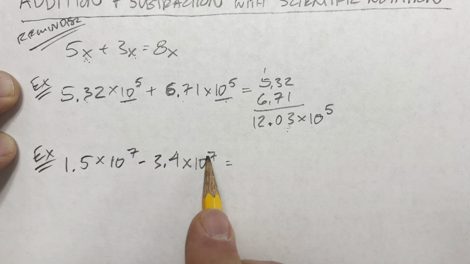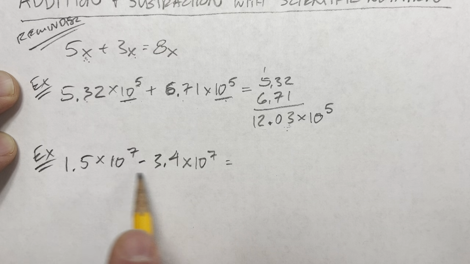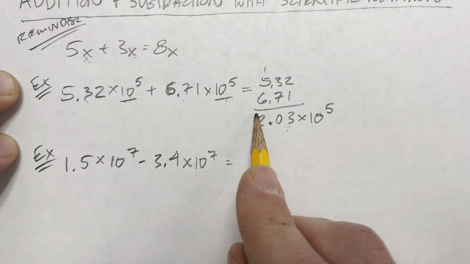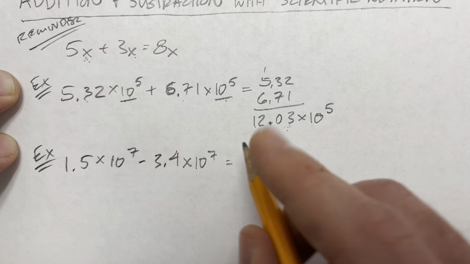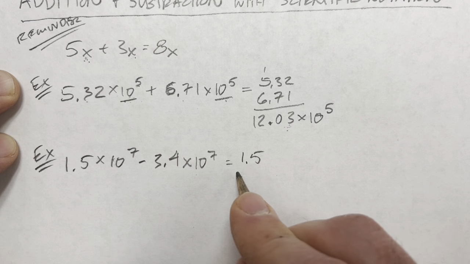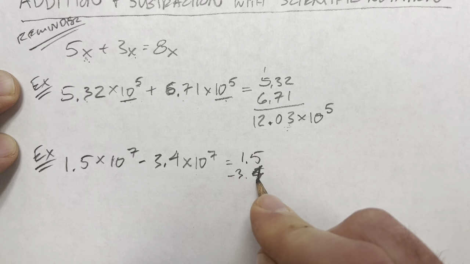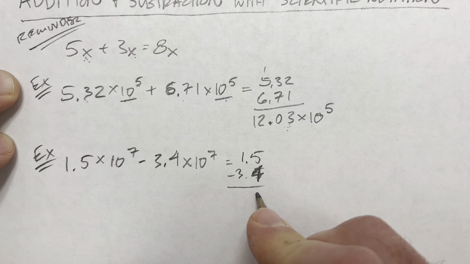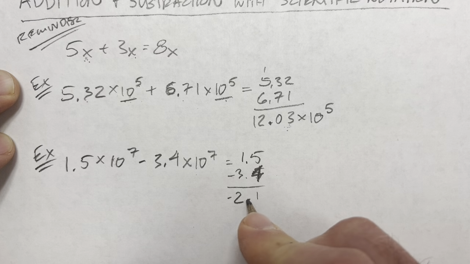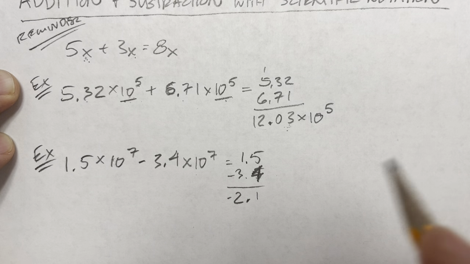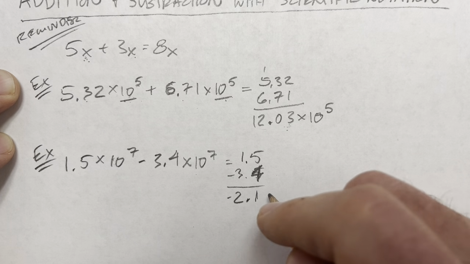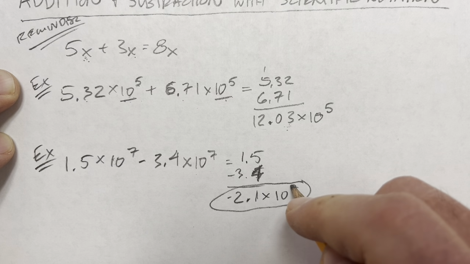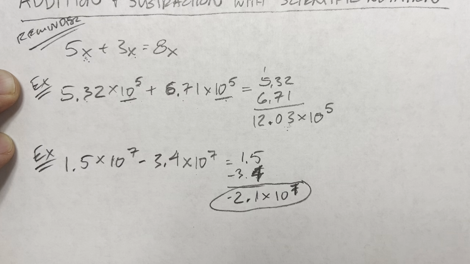I still have the same 10 to the 7th, 10 to the 7th, so I still do the calculations the same as in the previous example. I take 1.5 and subtract 3.4 from it, and I get negative 2.1 times 10 to the 7th power. Sorry, that's a little bit messy.